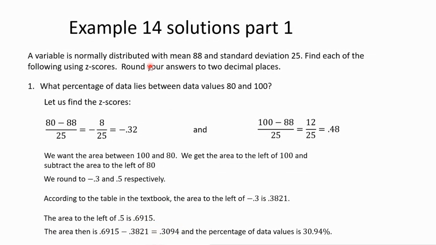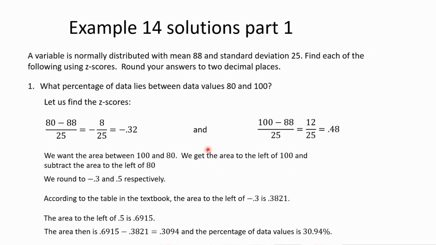So I don't know what the data values represent, but it turns out about 30.94% are between 80 and 100. Well, between these two z-scores, but since they're the z-scores of 80 and 100 respectively, we get that 30.94% of the data values are between 80 and 100. So that's for number one.